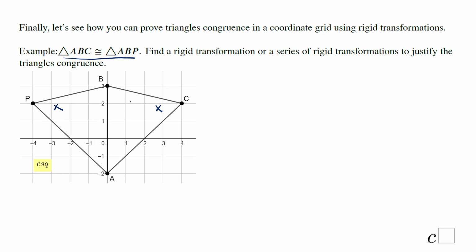Notice we have a reflection here of, let's say, triangle ABC over the y-axis. If we reflect triangle ABC over the y-axis, then we get triangle ABD.